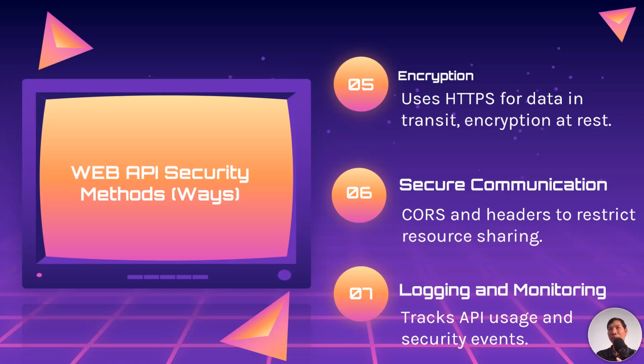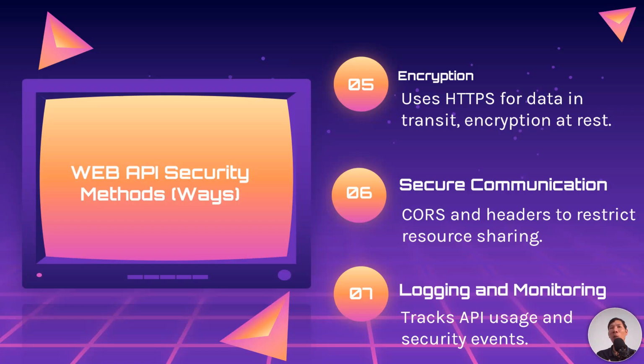Another way to secure communication between two parties is by using security headers, like content security policy, which we can apply. So at this time we need to apply CORS and the header approach.